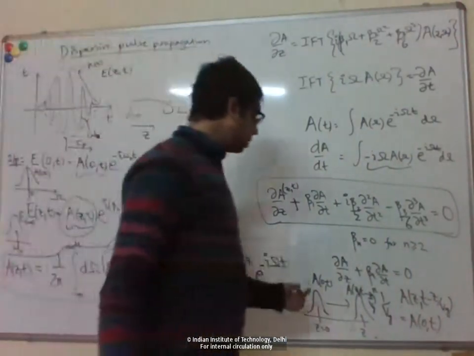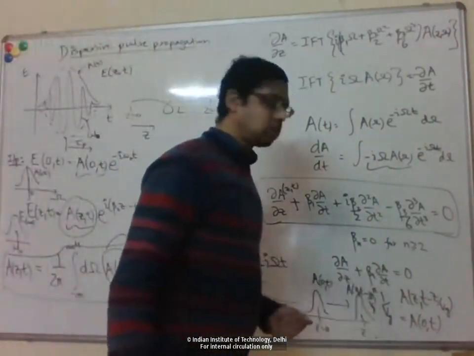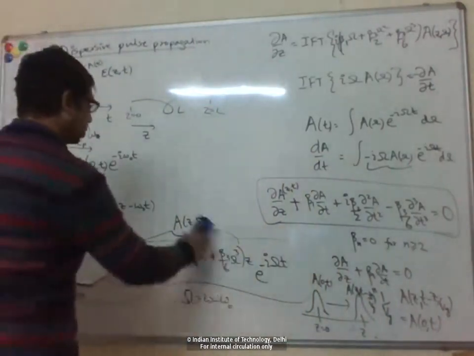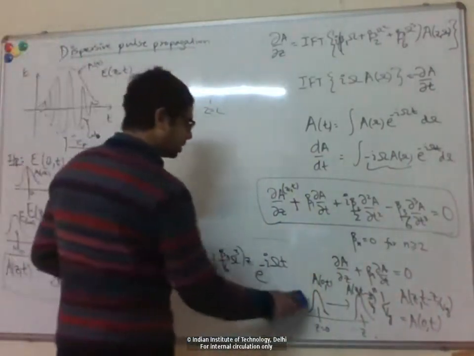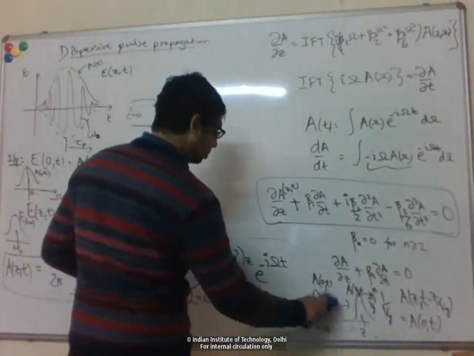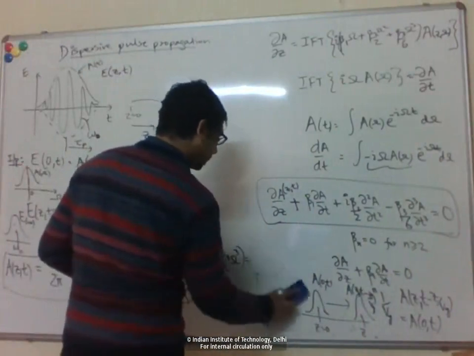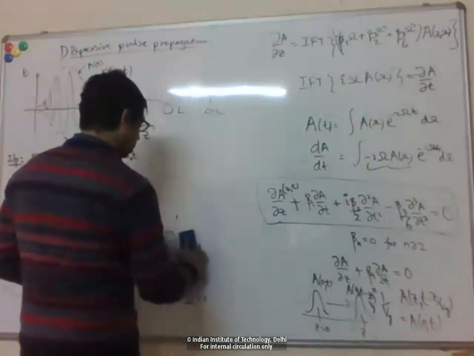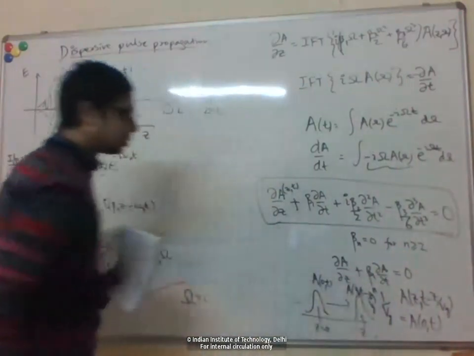So in the absence of dispersion, you just have a pulse which is moving at the group velocity. Now again, we are interested in how this amplitude, the envelope shape A, is changing. So basically we go into a frame which is moving with the pulse.